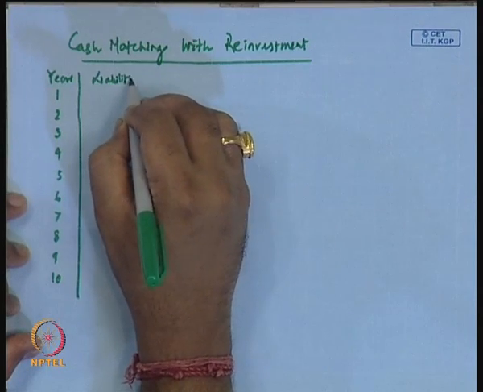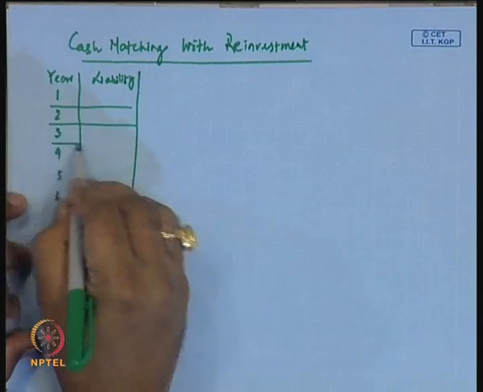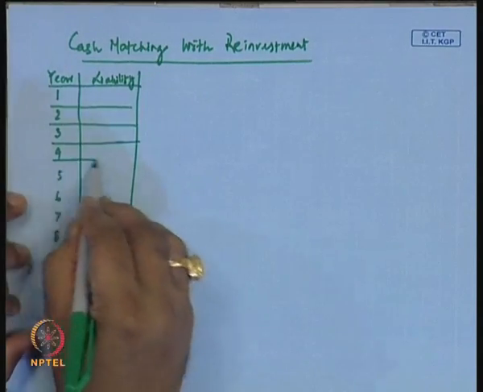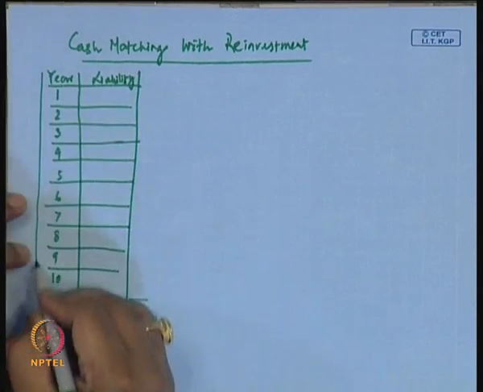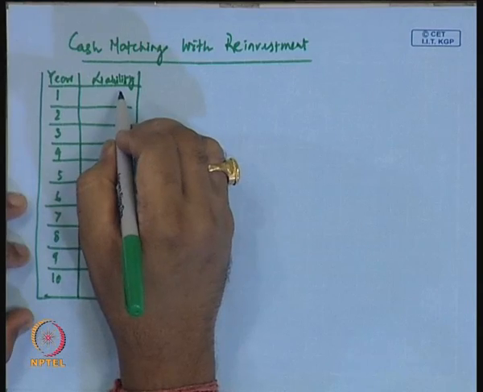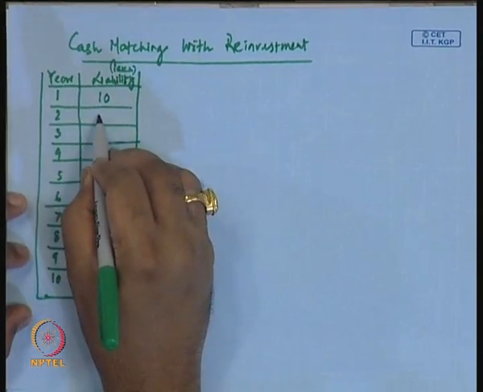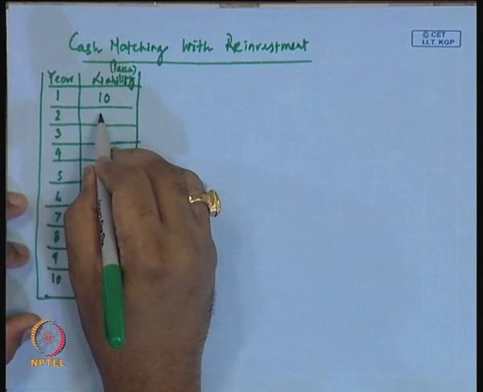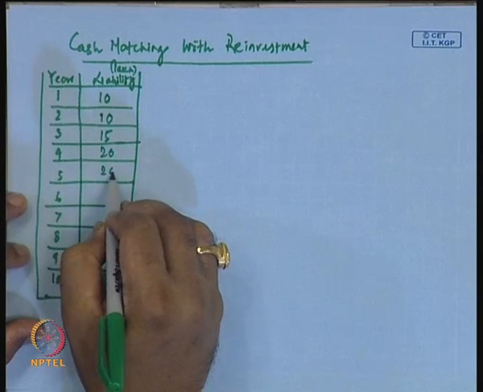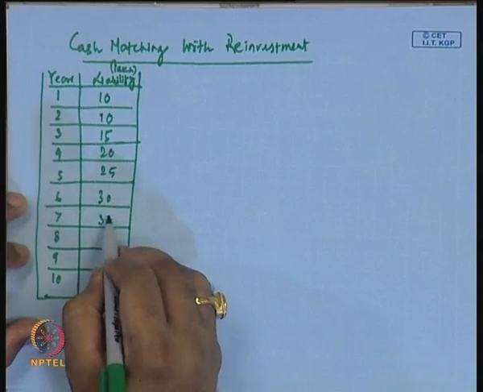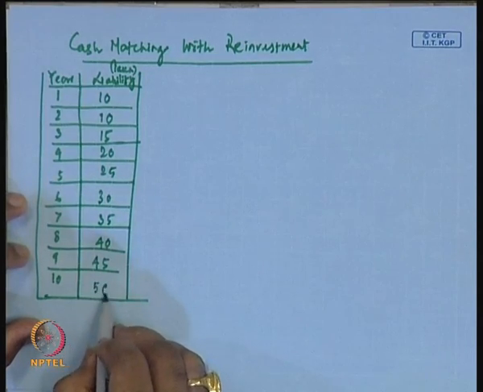The liability of this pension fund over these 10 years, in terms of lakhs, is 10 lakhs, again 10 lakhs for the second year, then 15, 20, 25, 30, 35, 40, 45, and 50.